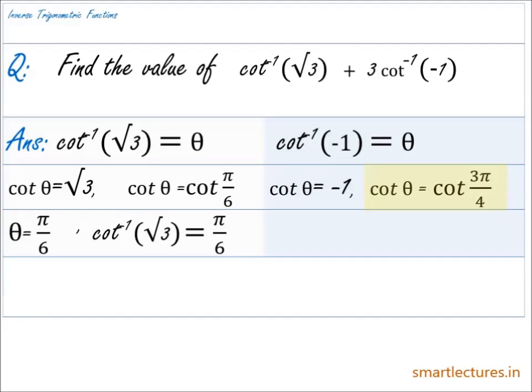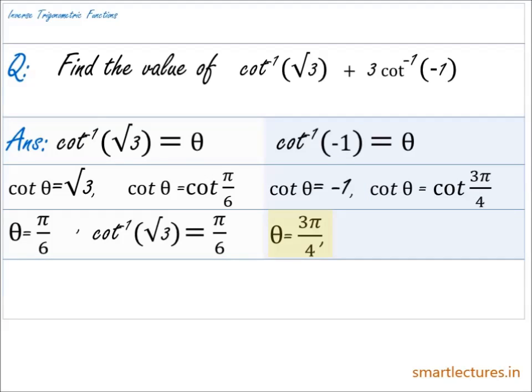So we can also write cot theta is equal to cot of 3 pi upon 4, which means theta is equal to 3 pi upon 4. And also cot inverse minus 1 is equal to theta. So we can write cot inverse minus 1 is equal to 3 pi upon 4.